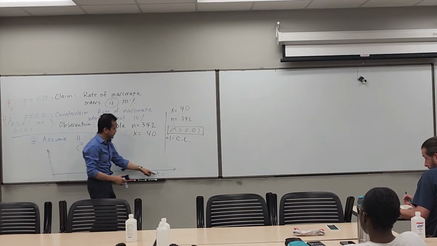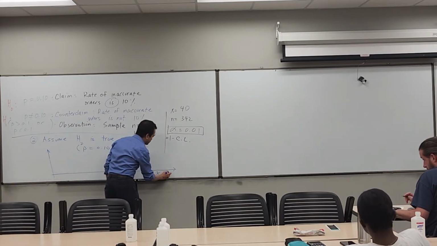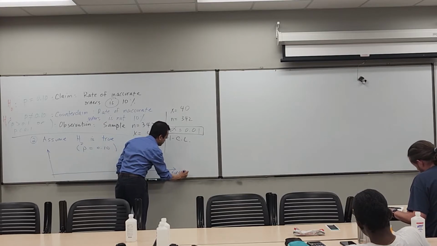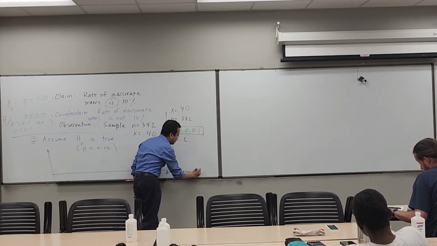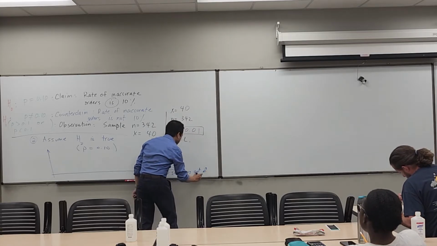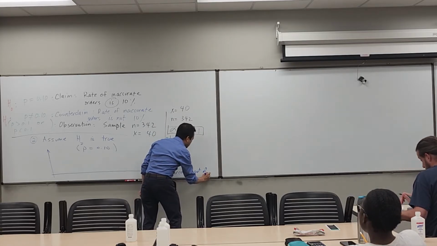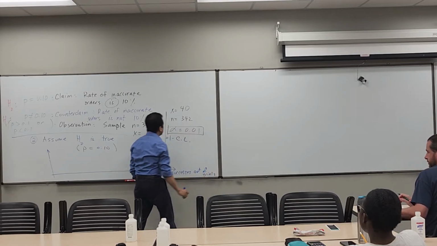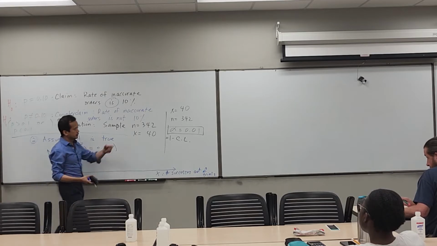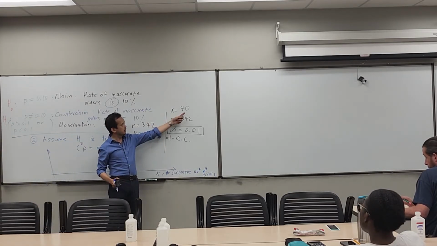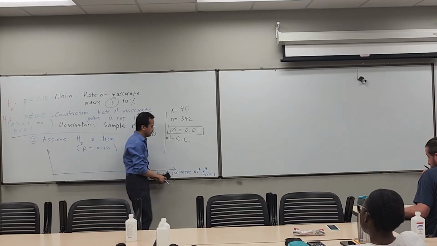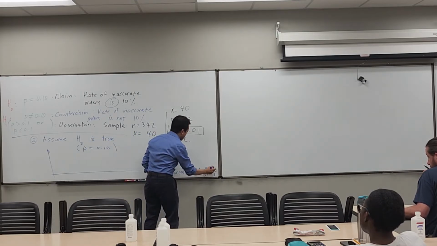So the variable here is the number of successes out of n trials. But n is our sample that we've observed, so n, our sample size, would be 40. So our variable would be the number of successes out of 40 trials.